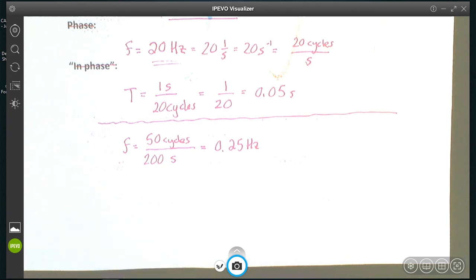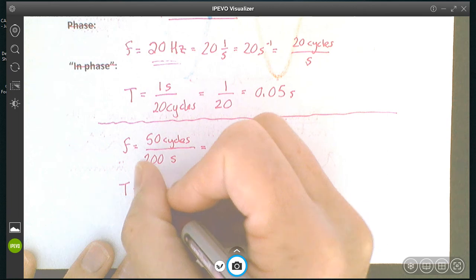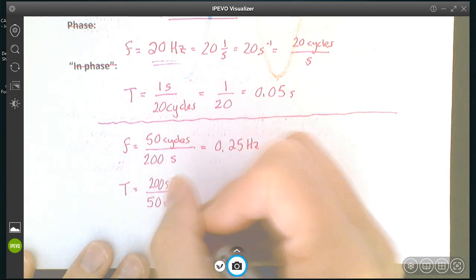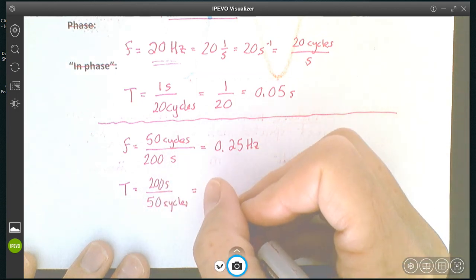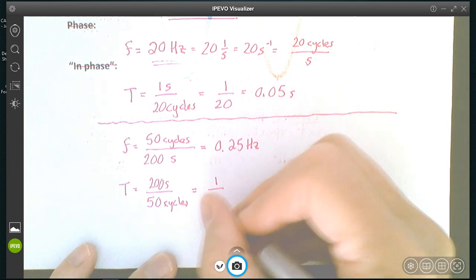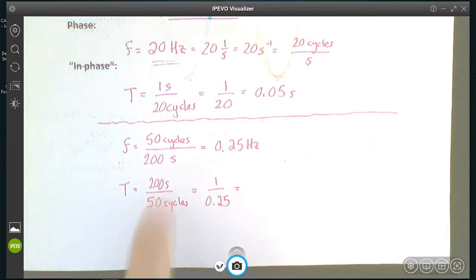Now, this is a low frequency. So what do we expect for the period? Well, it takes 200 seconds for 50 cycles, right? And if you do that math, or you can just say it's 1 over the frequency, because that was our equation at the top. These two numbers are exactly the same. If I do 200 divided by 50, I get 4.